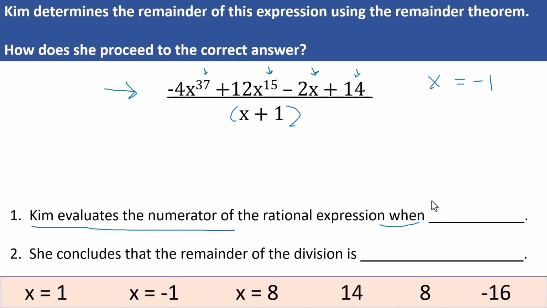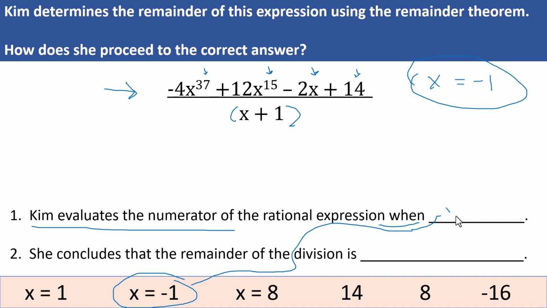When what? When x equals negative 1. We take that denominator, which is our divisor, and we set it equal to 0, and we determine what to use for x. Okay, and then we plug that in.